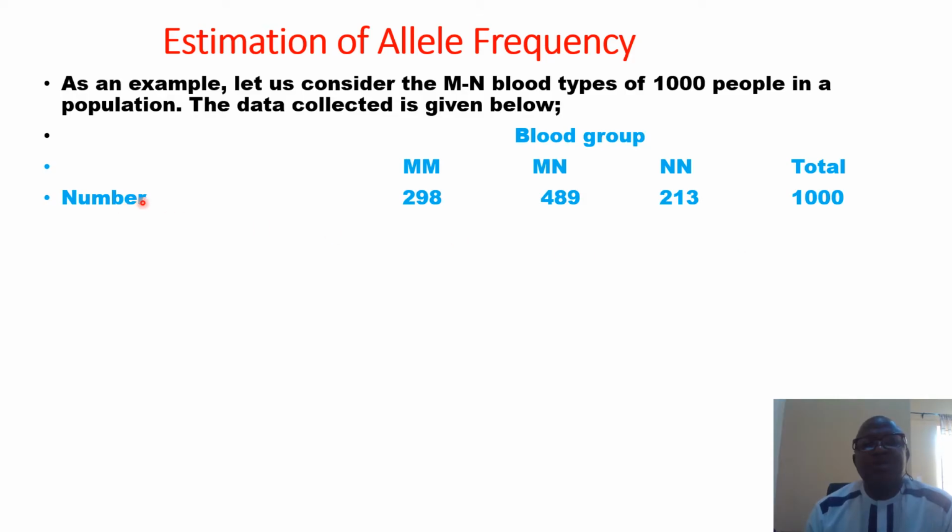In this population, the number of people with the MM blood group is 298, MN 489, and NN 213, making a total of 1,000. So the genotype frequencies are 0.298, 0.489, and 0.213. This is obtained simply by dividing the genotype number by the total number of individuals sampled.